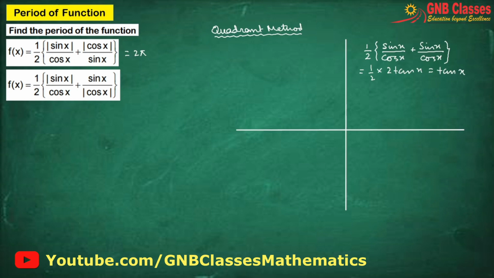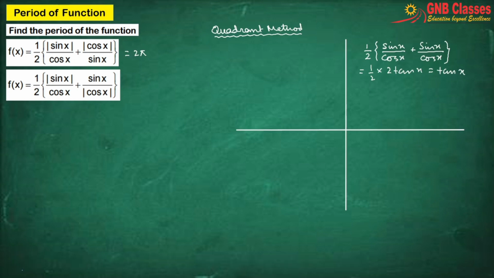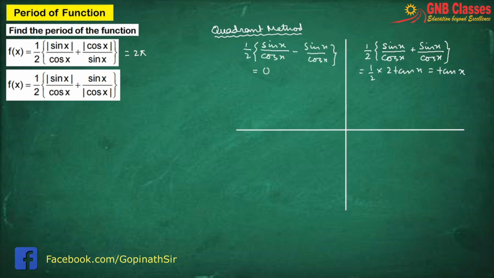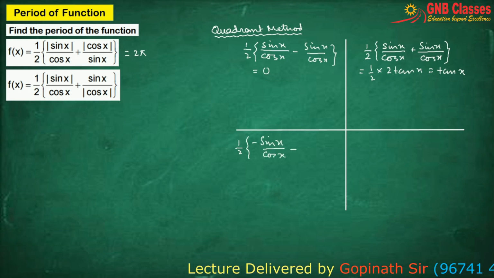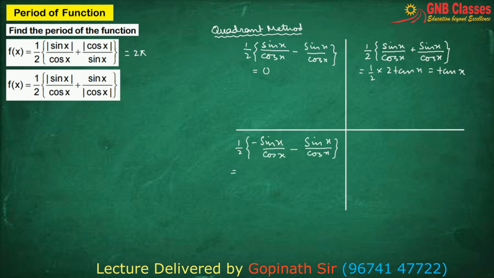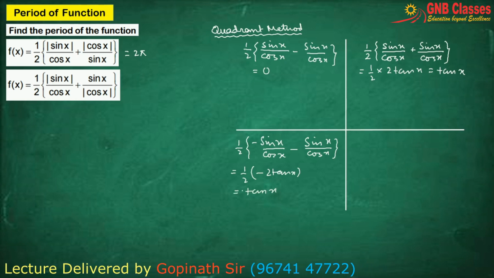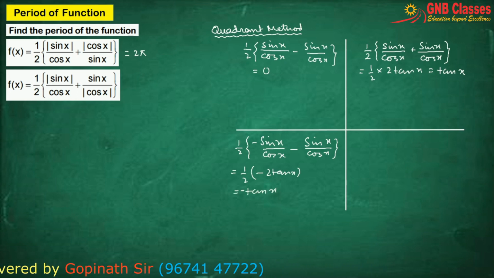In the second quadrant, where sine is positive and cos is negative, so the function will be, is it clear? In the third quadrant, the function will be where sine and cos are both negative. Is it clear? So we are getting minus tan x.